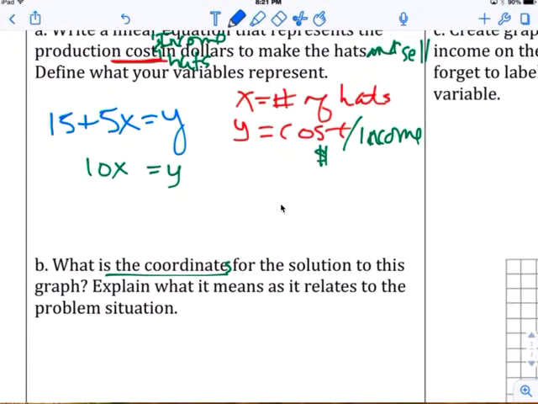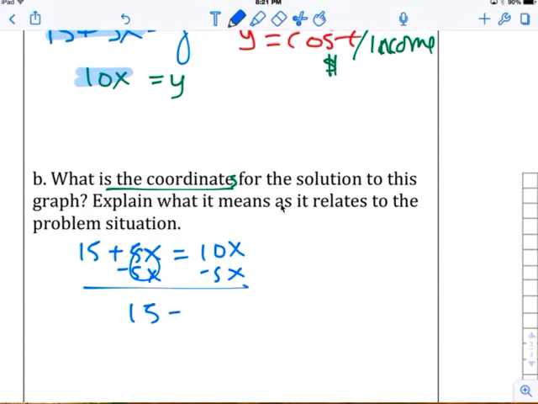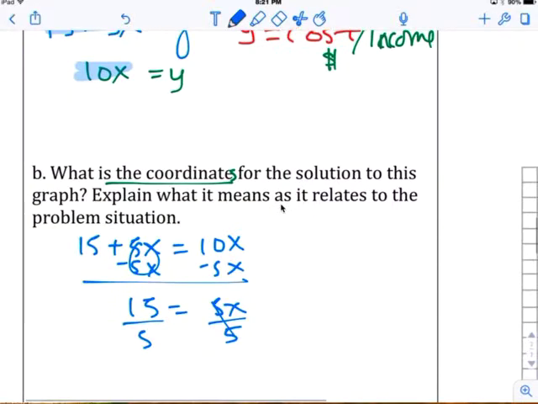Okay, substitution. 15 plus 5x equals 10x. Minus 5x, minus 5x. 15 equals 5x. Divide by 5, divide by 5.